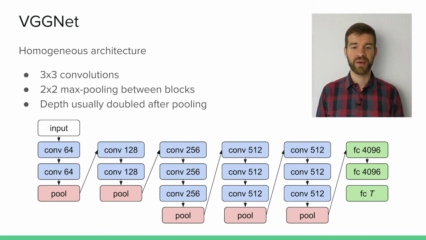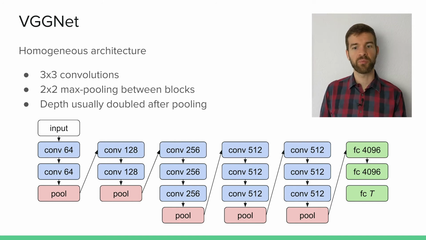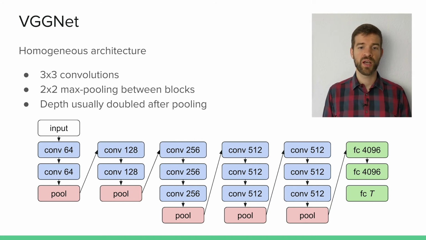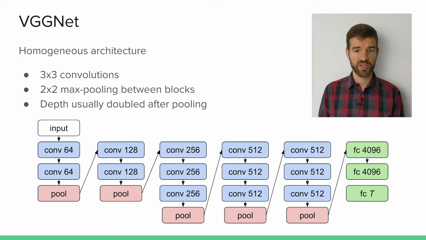And it has about 140 million parameters, but it was really a breakthrough. It has multiple blocks, and it uses 3x3 convolutions and 2x2 max pooling between these blocks.